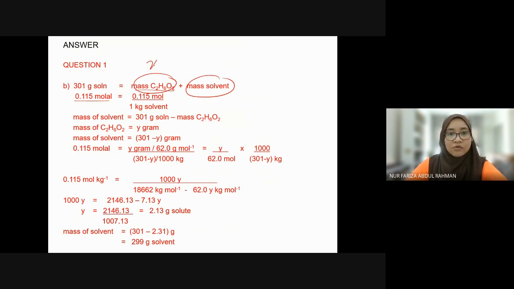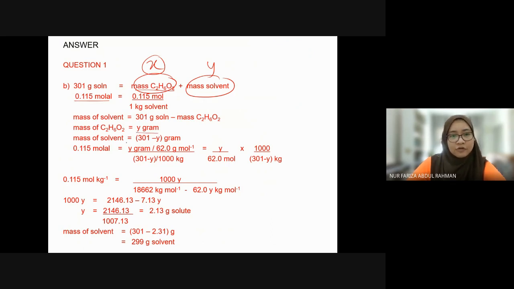So this is unknown. You can use mass of solute and mass of solvent, or you can simply replace those with X and Y. So assume that the mass of the solute is Y gram.